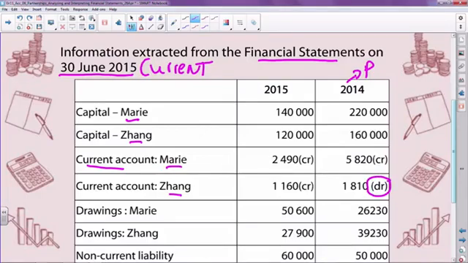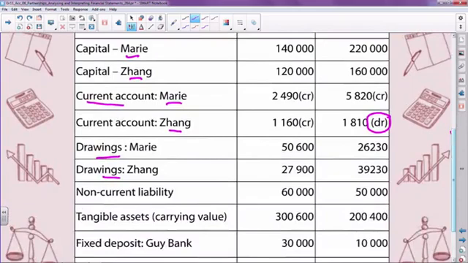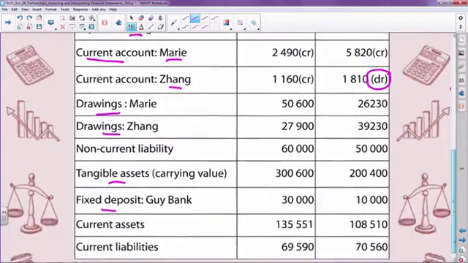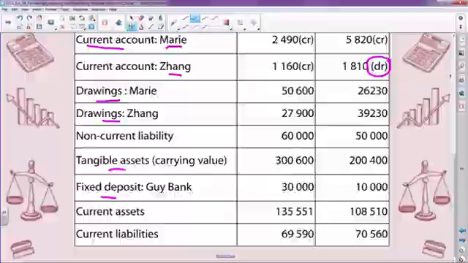Then we've got drawings given to us. Also, non-current liability, your current assets at carrying value, a fixed deposit as well, and then further down, current assets and current liabilities. Before we look at a question, I think it's time for another break.